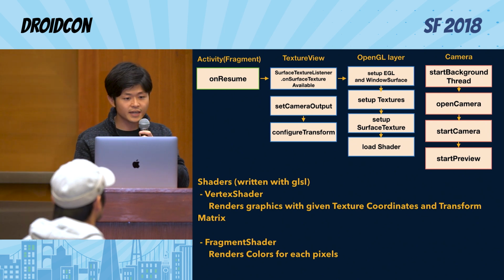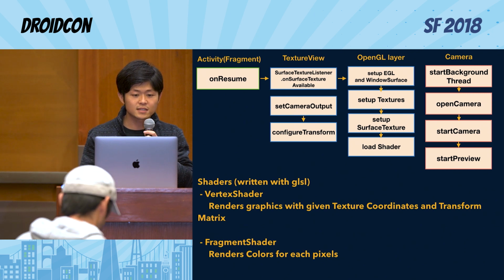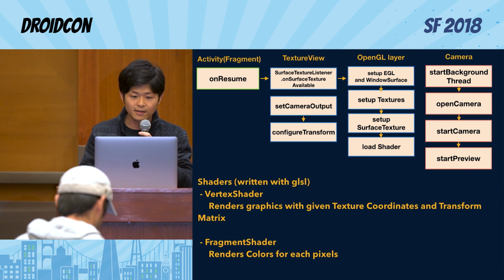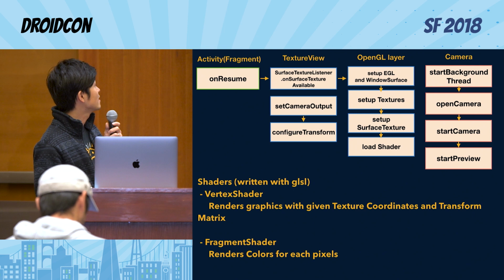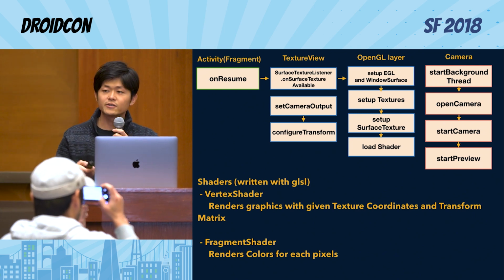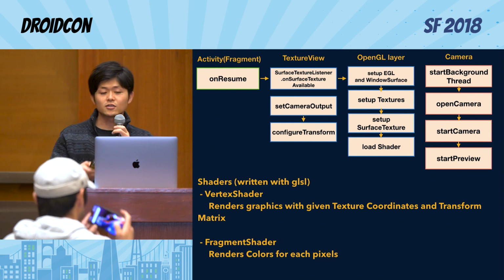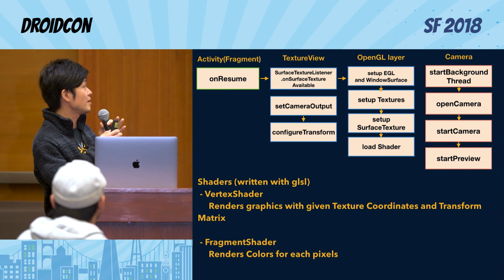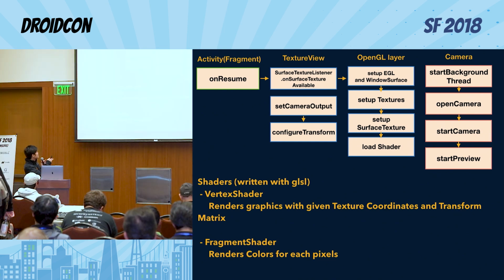The first one is the vertex shader. It renders graphics with a given texture coordinate to transform the matrix. The second one is the fragment shader. This renders colors. Let's say there are two objects and they overlap. The fragment shader will dictate how to change the color for each pixel.